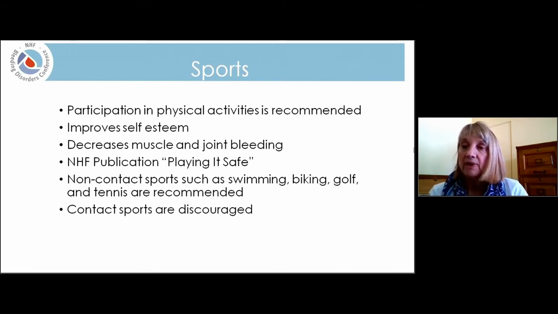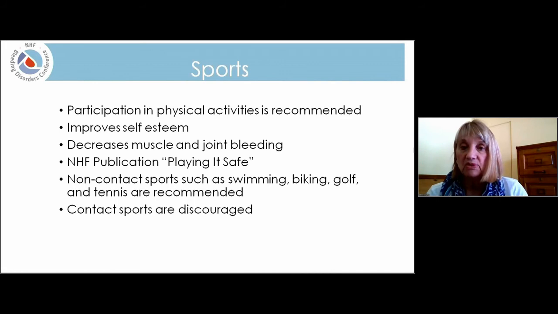NHF has a great publication. It's called Playing It Safe. It was put together by the physical therapist in our community and really outlines what are the safest activities for children with hemophilia, what are moderately safe activities, and what are more risky type activities. Obviously, it's a no-brainer.